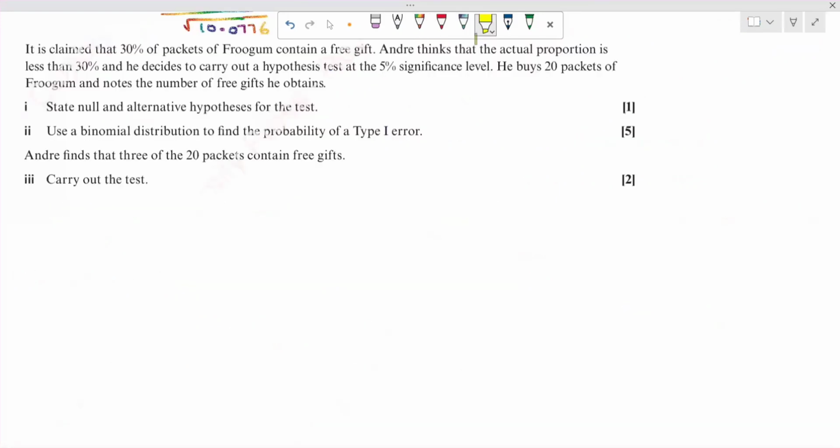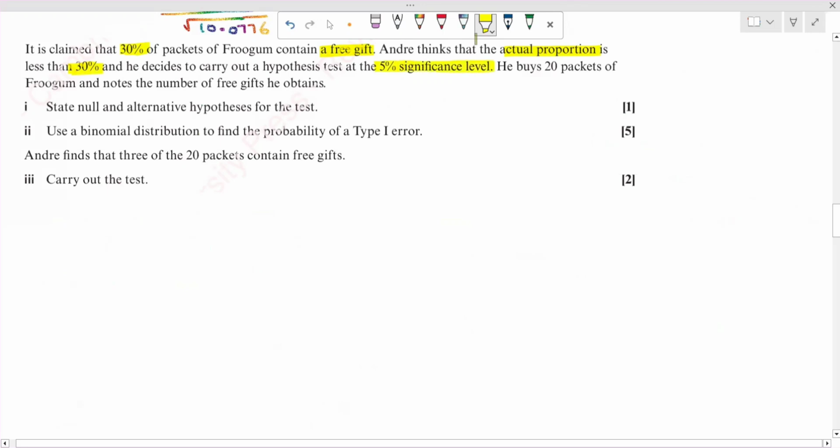Here the next question. It is claimed 30% of packets of Frugum contain a free gift. Now, Andrew thinks that the actual proportion is less than 30 percentage. Less than 30% means lower tail test. He decides to carry out the hypothesis test at the 5% significance level.